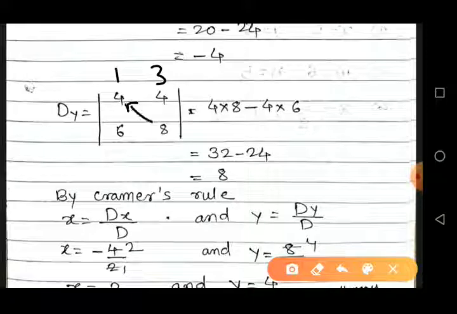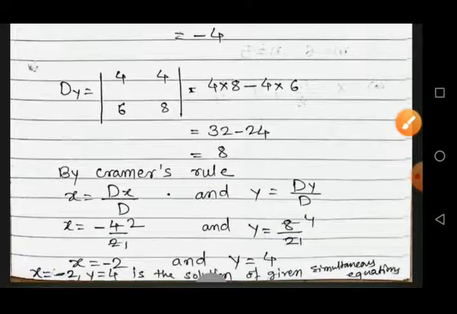Do the product of these two numbers minus these two numbers. 4 into 8 minus 4 into 6. 4 into 8 means 32. 4 6s are 24. 32 minus 24 means it is 8.